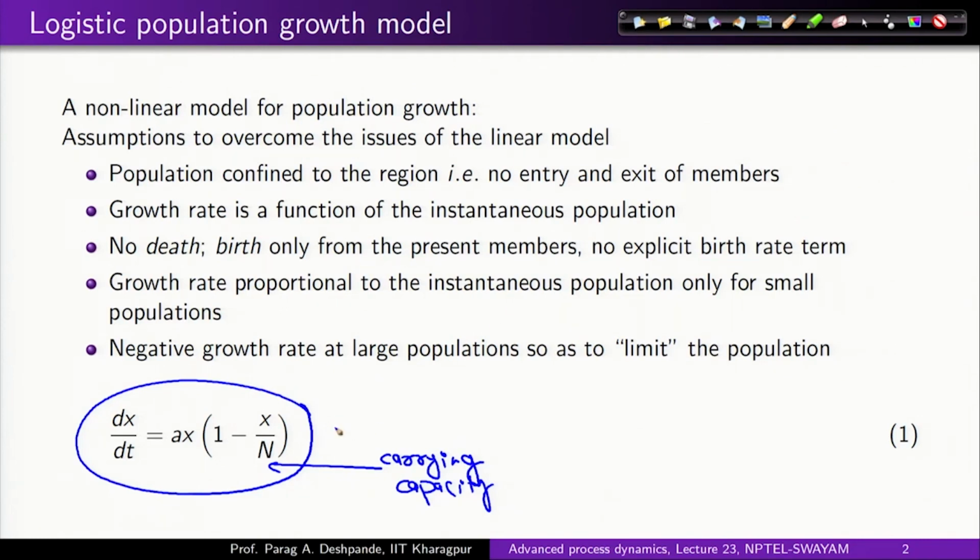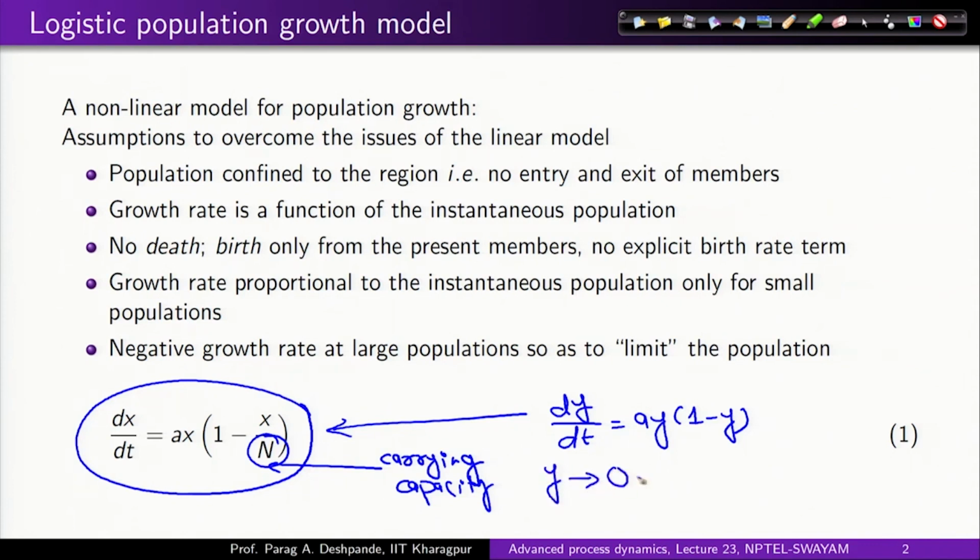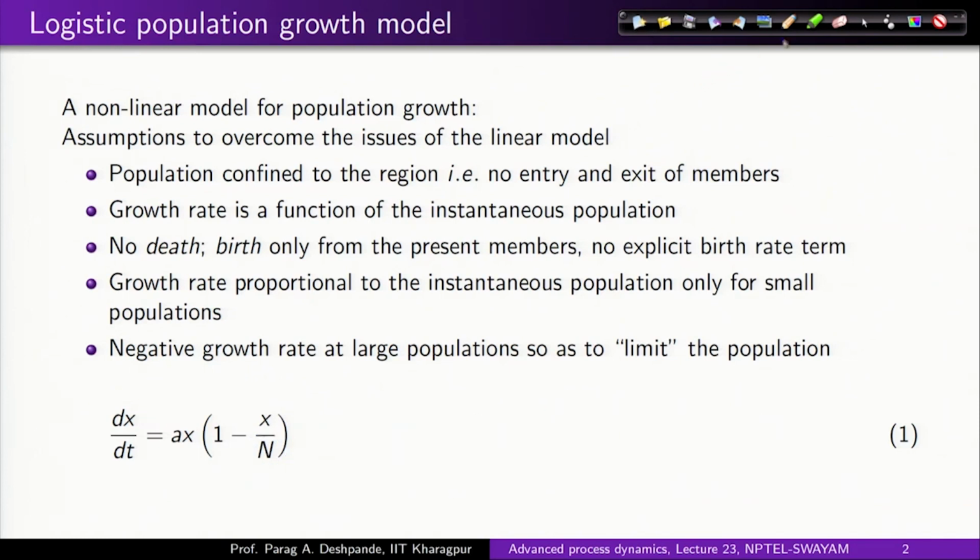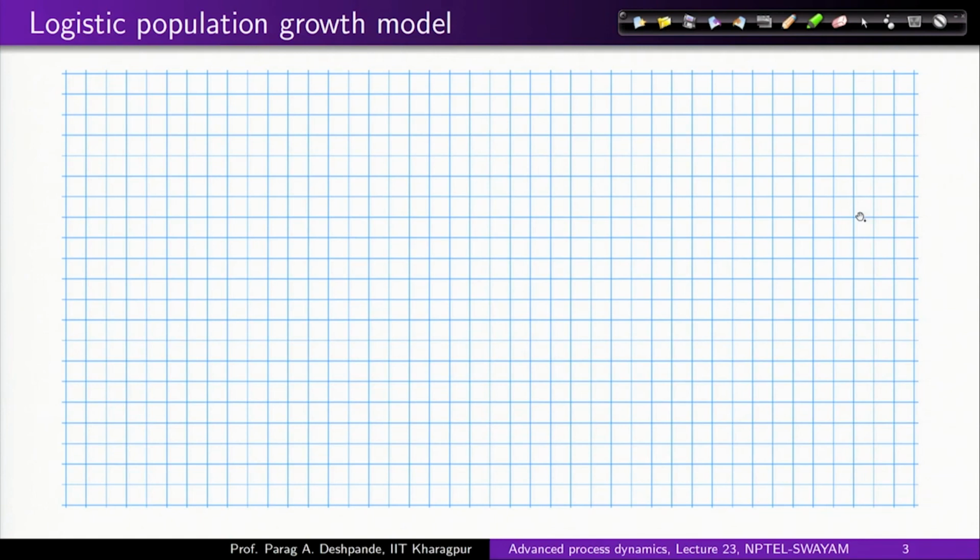We had converted this into normalized form as dy/dt = a y (1 - y). This was our normalized form. So, instead of N, my y is expected to go between 0 and 1. This is the only difference which would happen once you change x to y. Okay.